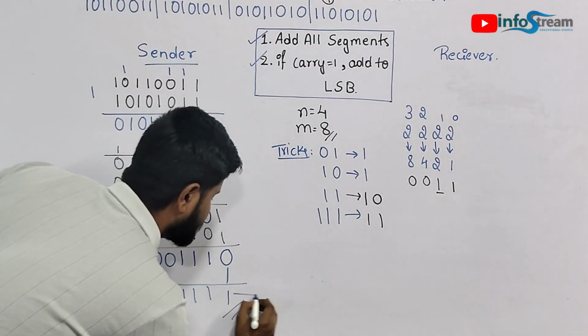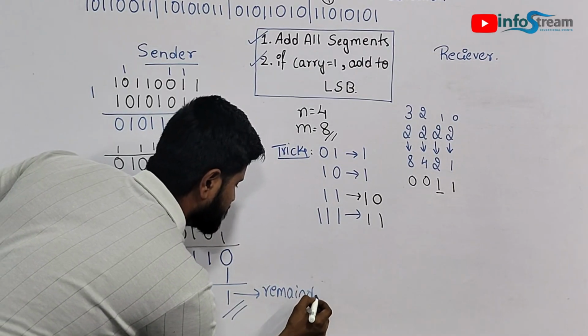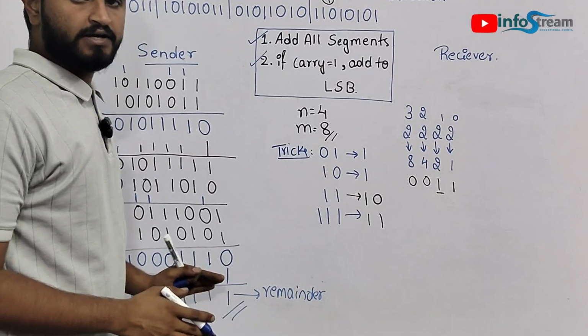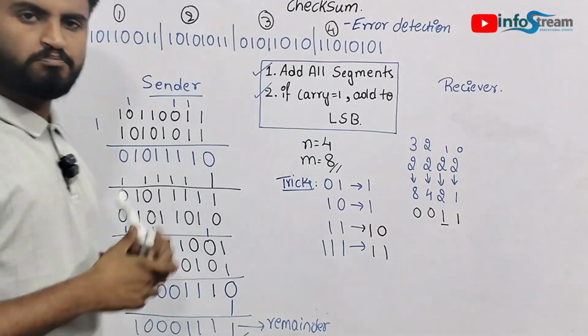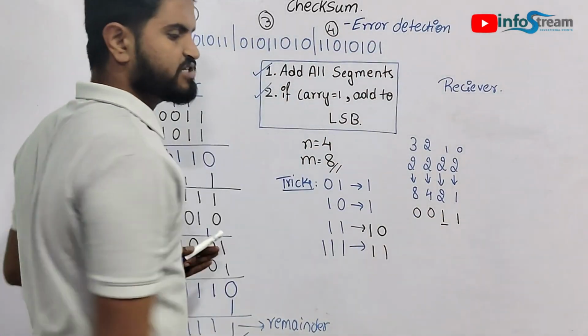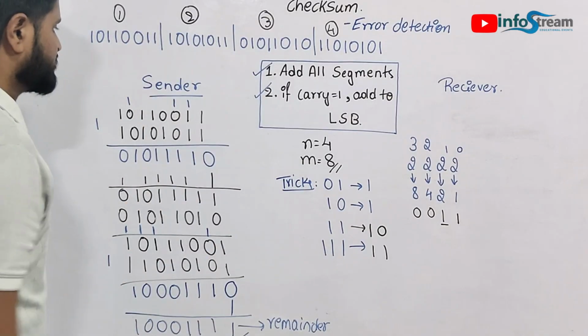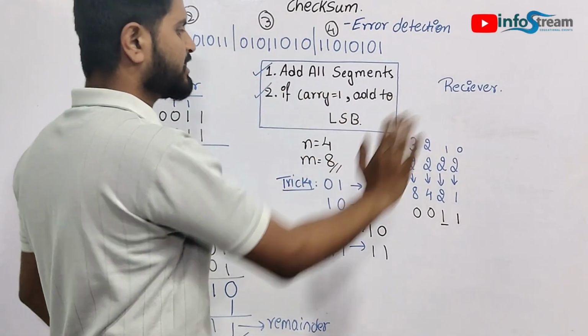So now this is the last remainder. So this is the remainder at the sender side. So the simple trick is, what you wrote in the sender side, just copy it in the receiver side also. So in every problem of the checksum, what you wrote in the sender side, just copy it in the receiver side.